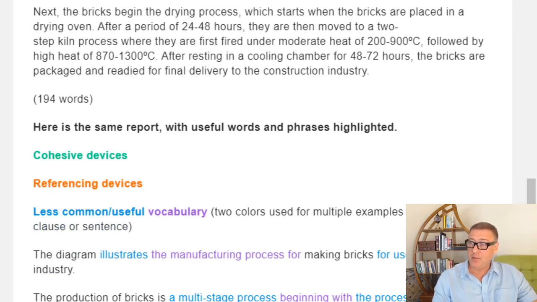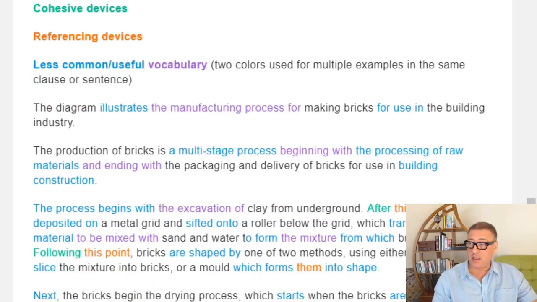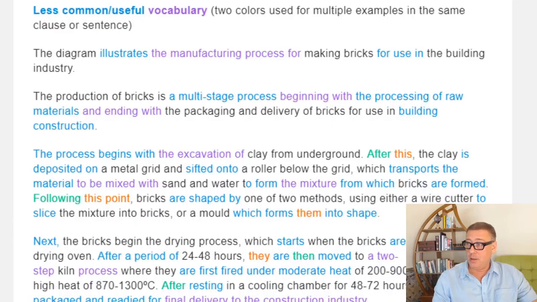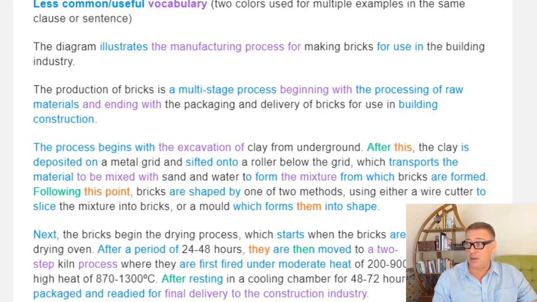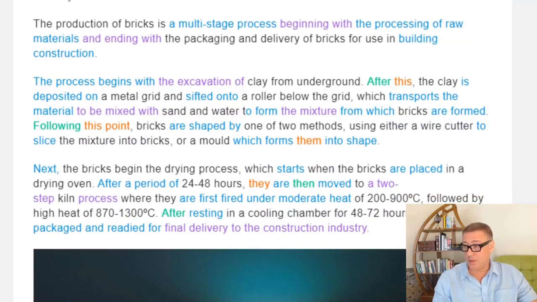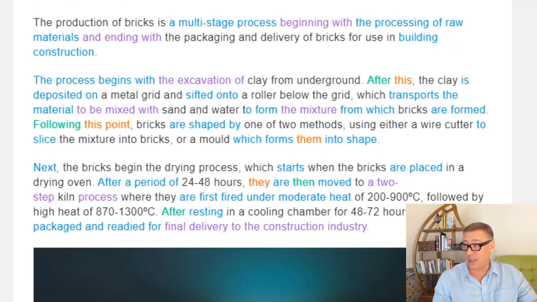So again, if you look below, you will see this second version with cohesive devices, referencing devices, and useful vocabulary. So I would have a look at that. And again, especially for process questions, pay attention to the way that the vocabulary from the question is incorporated as it needs to be, but also pay attention to the other vocabulary which you're going to have to provide yourself.